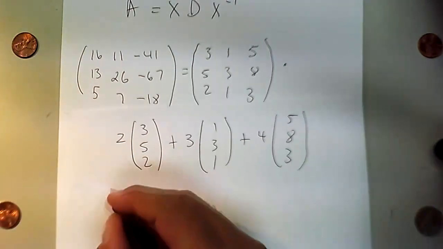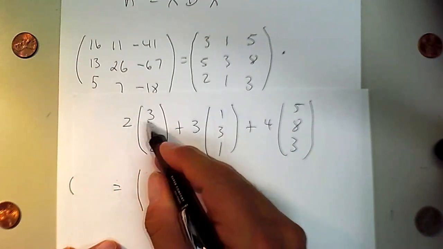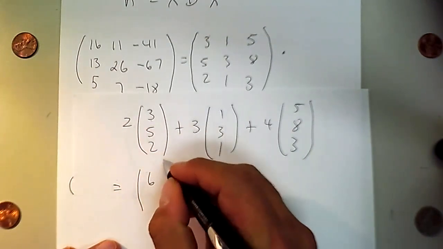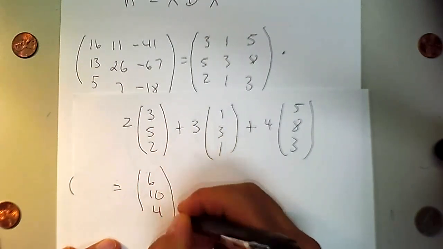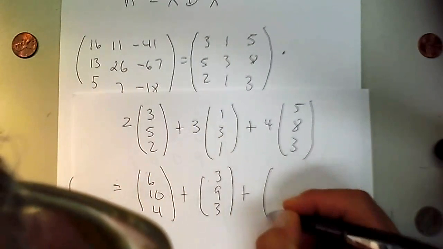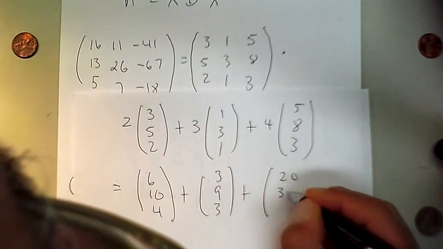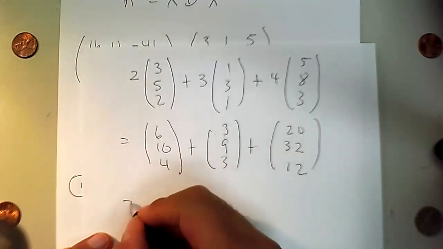I'm going to do this step by step. So 6, 10, 4, plus 3, 9, 3, plus 20, 32, 12. And then we just add all the vectors together.